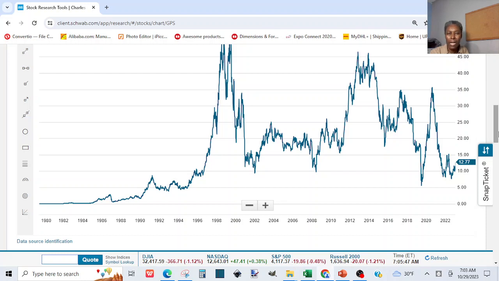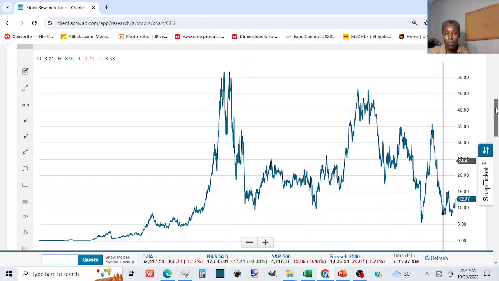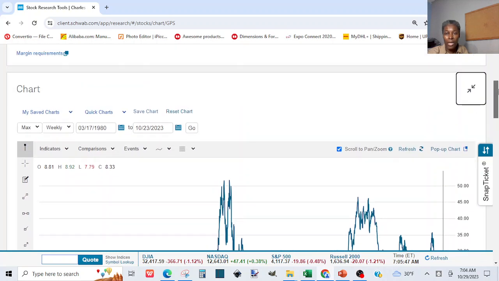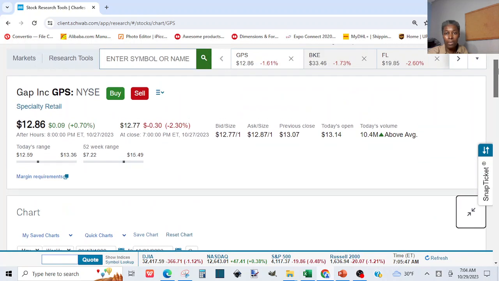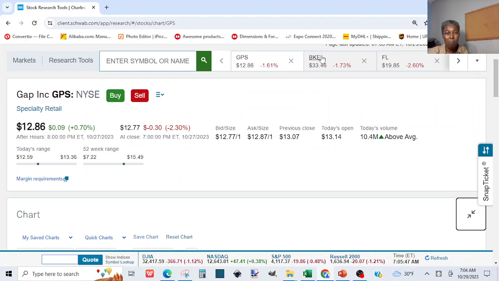The other one is 1997 or so. But the Gap can go down, and I will say that the Gap has a better dip than the Buckle, and it has been around even longer, and the dividend yield is better than the Buckle.